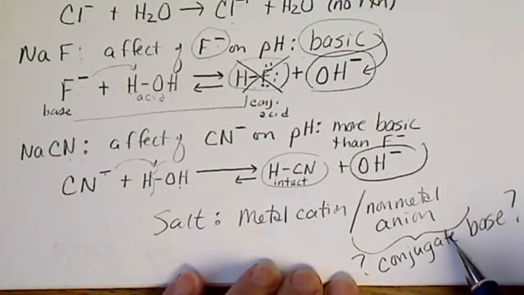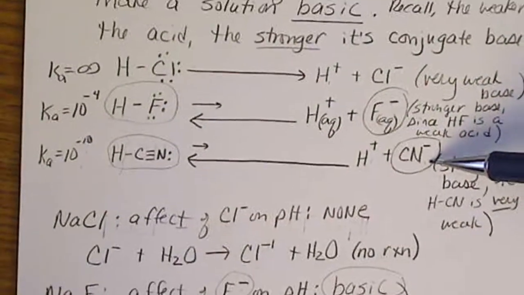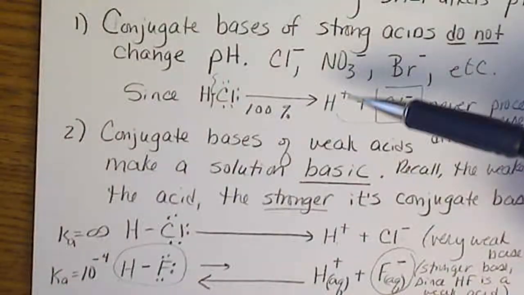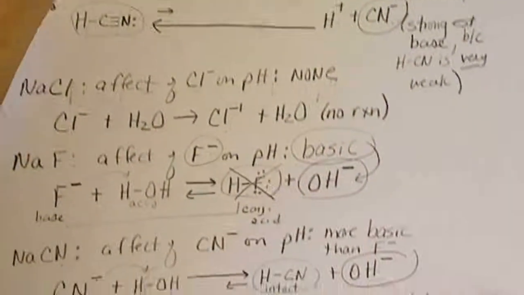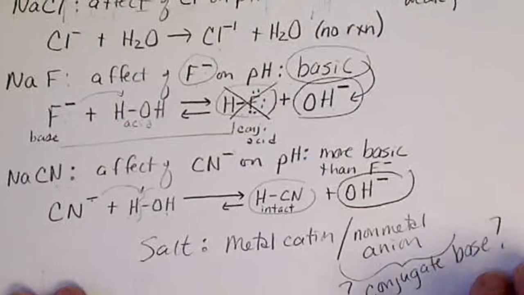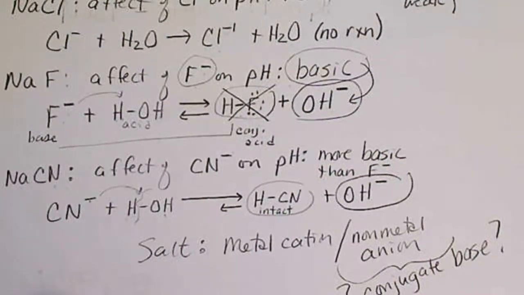That's really what determines how that negatively charged species, whether it's a cyanide or a chloride or a nitrate, would affect pH. So we go back to the conjugate acid-base idea.